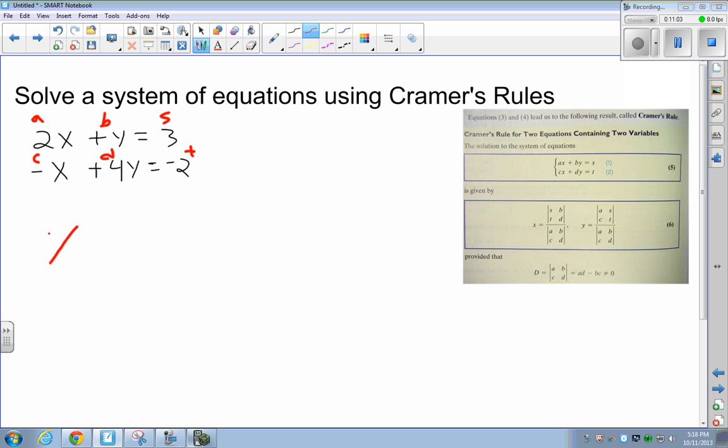Okay, so x is just equal to the determinant of s, b, -2, and 4. And that's all divided by our coefficients in front of our x's and y's.